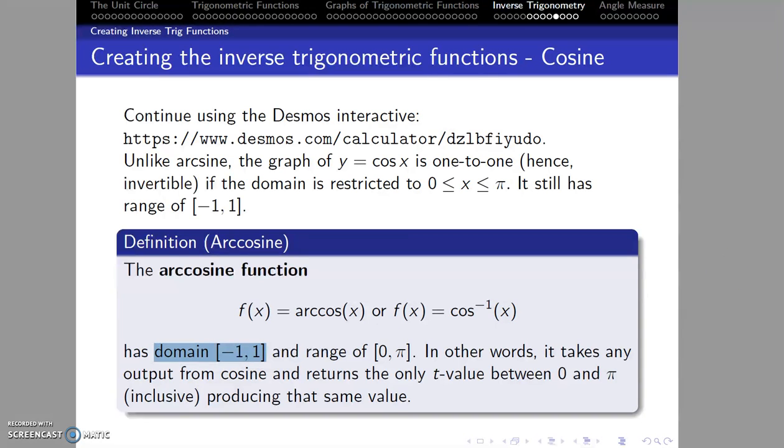So whereas Arcsine gave you something in these two parts, Arccosine is only going to give you things in the first and second quadrants. And that's going to be good enough. We will see in this course that that's going to be good enough. We will be able to go from there and fill in the gaps, fill in the ambiguous case ourselves.